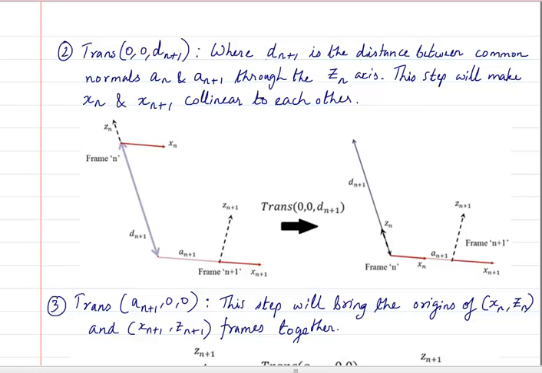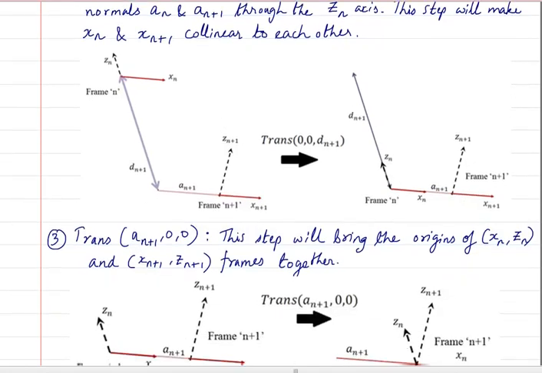Here dn plus 1 is the distance between the common normals of an and an plus 1. I had already told you that an and an plus 1 are perpendicular to dn plus 1, so it is the shortest distance again. So this step makes xn collinear with xn plus 1. So that is the second step.